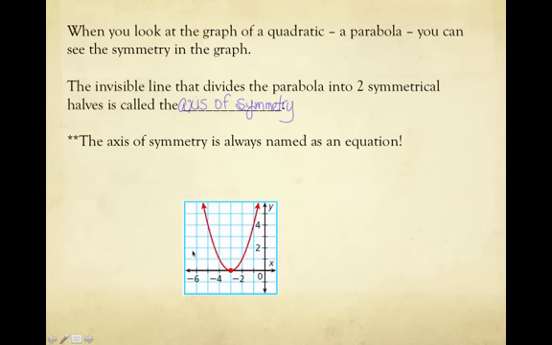Here's an example. I've got an axis of symmetry. It's that line that's going to divide my parabola, so it is exactly equal on either side. That axis of symmetry hits right here on my x-axis at -3. So the equation for my axis of symmetry is x equals -3. So it is written as an equation.